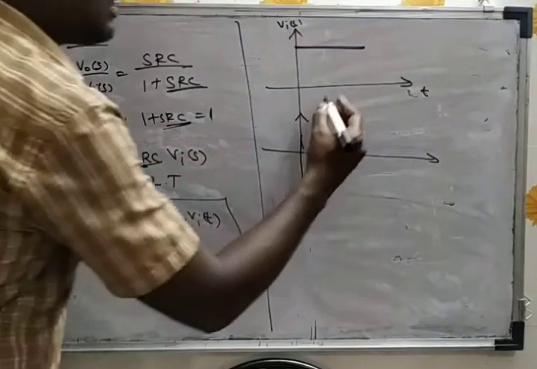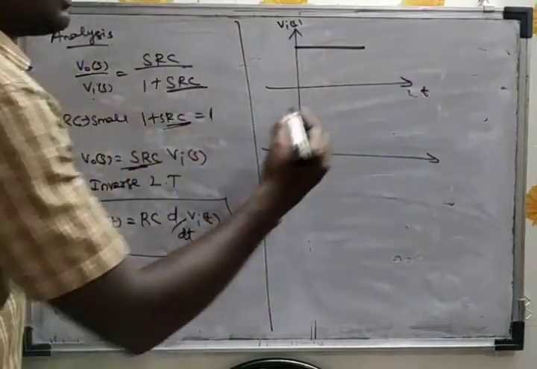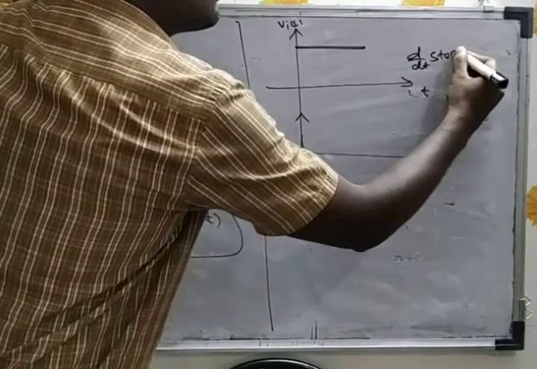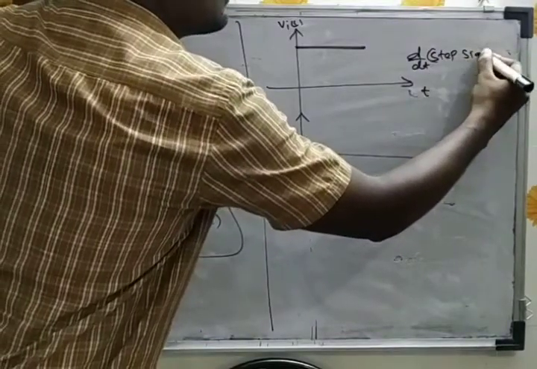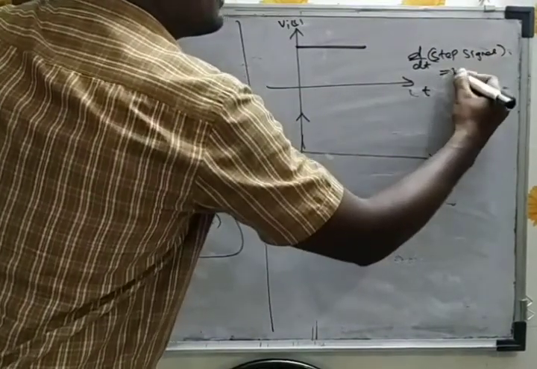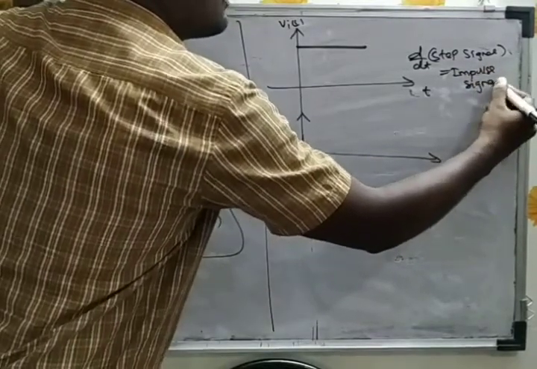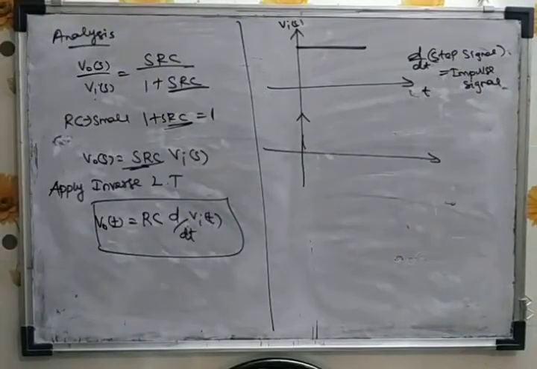You know that d by dt of a step signal is equal to an impulse signal.